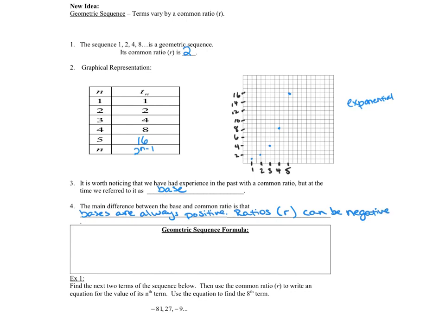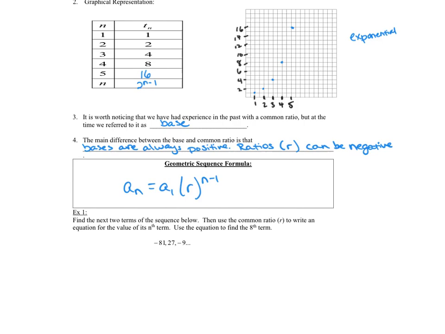The general formula for a geometric sequence is A sub n or T sub n is equal to A1 times R to the n minus 1. So if we look at the first example, the first thing you always want to do is identify your common ratio.